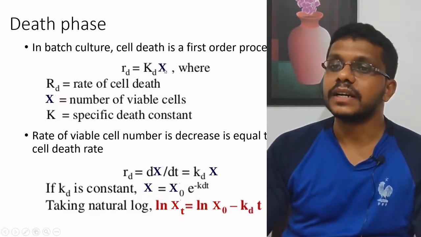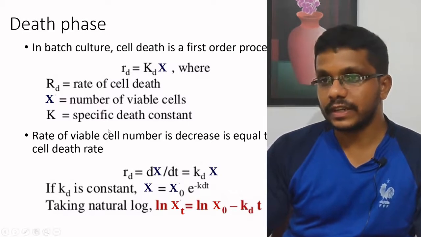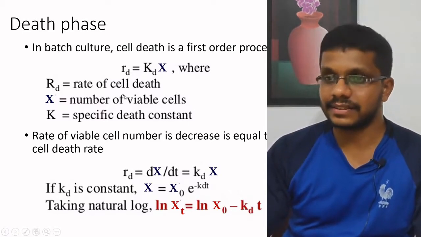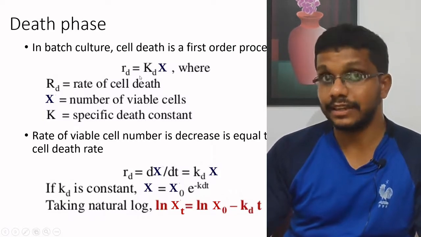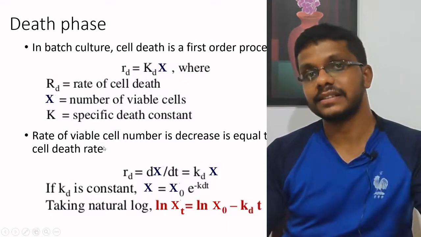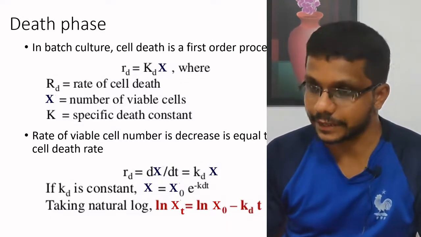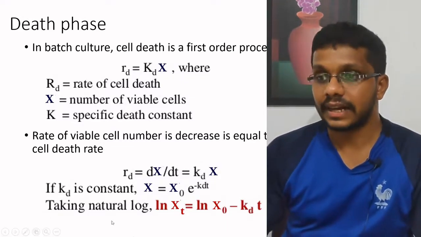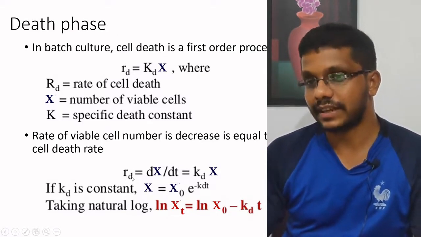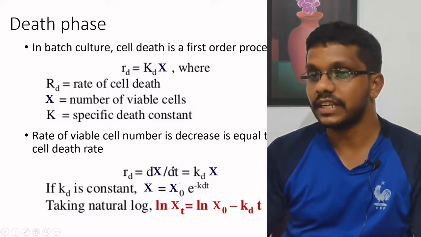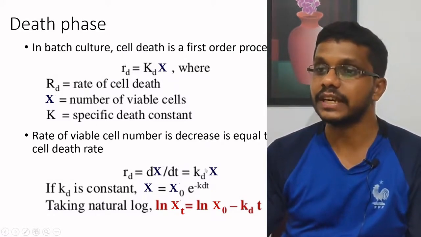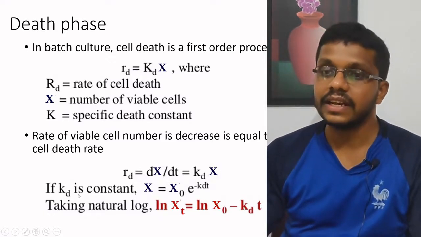In this equation, the decrease in cell number is equal to the death rate. If the death rate increases, the number of viable cells will be reduced. So Rd is equal to dx by dt in an inverse way. The rate of death is equal to dx by dt, which is in turn equal to kd x.